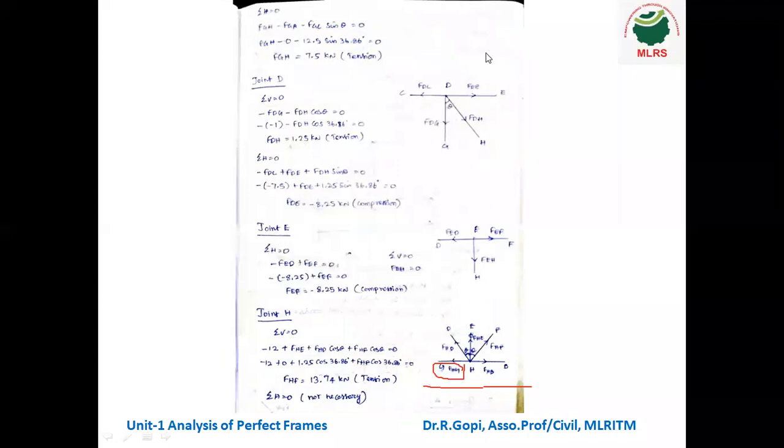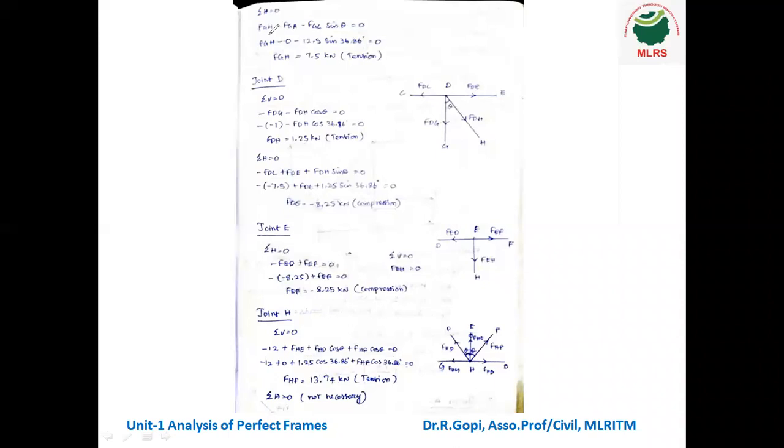Now you can see here summation of H. So FGH minus FGA minus FGC sin theta. So FGH is moving left to right, and FGA, FGC moving right to left.